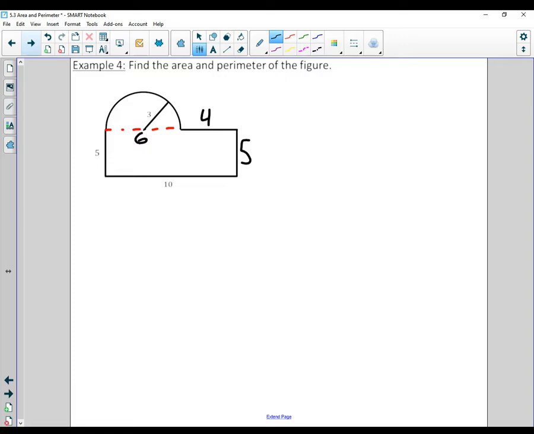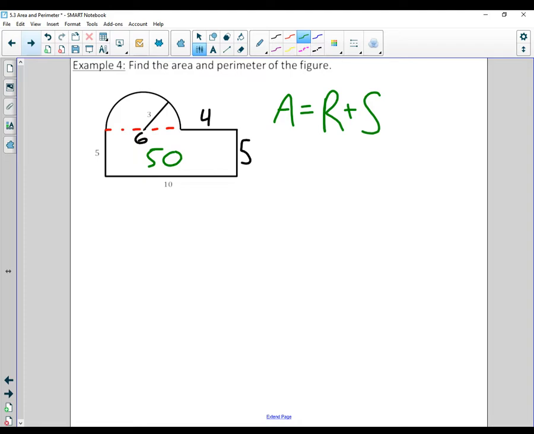Okay. Well, the area is going to be the area of the rectangle, right, plus the semicircle. Area of the rectangle is not bad. It's going to be 10 times 5. That's fair enough, right? So now what's the area of the semicircle?